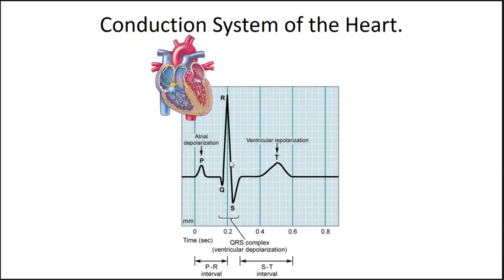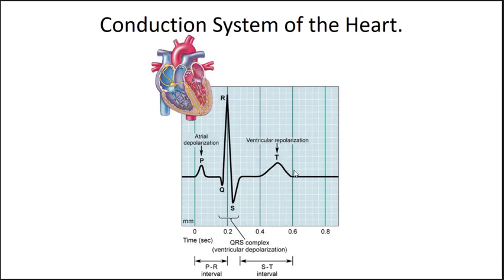But what's hidden and not really evident right within this QRS wave is what's referred to as atrial repolarization. All that means is that while the ventricles are depolarizing, the atria are repolarizing or returning to their resting state.